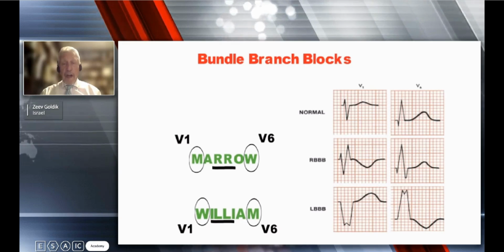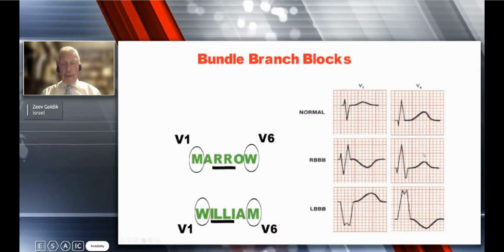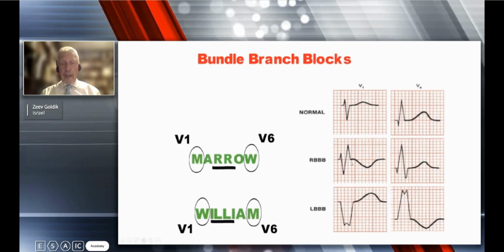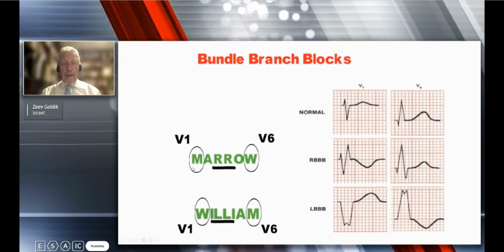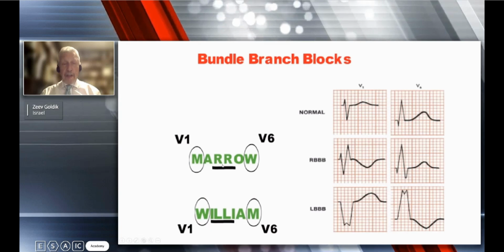Because in V1, it has a shape of an M, and in V6, it has a shape of a W. So if you see that, remember the word MARROW. MARROW means right bundle branch block.